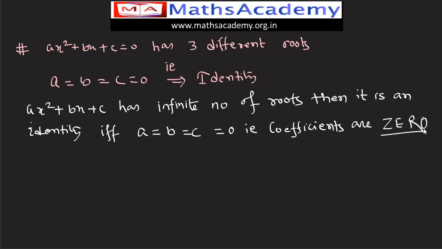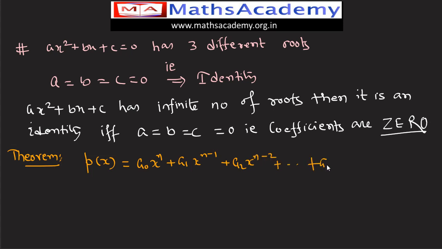Okay, now can we form a generalization of these results? Is the generalization possible? So now I get the theorem for the polynomial. I consider P(x) as a polynomial which is denoted as a0 x power n plus a1 x power n minus 1 plus a2 x power n minus 2, in this way, up to a n minus 1 x and a n.